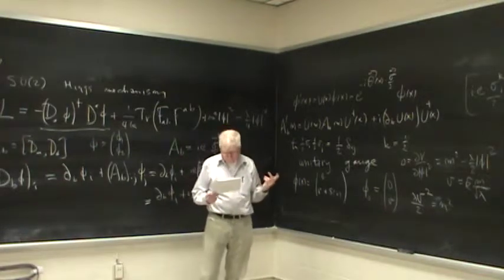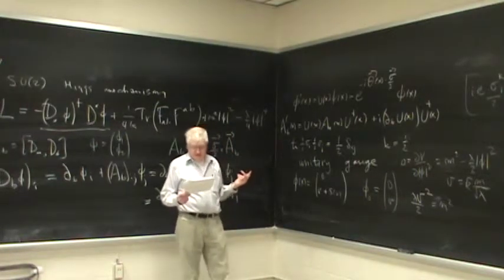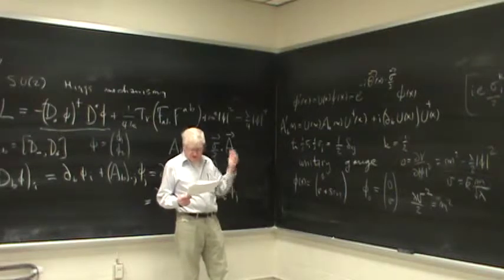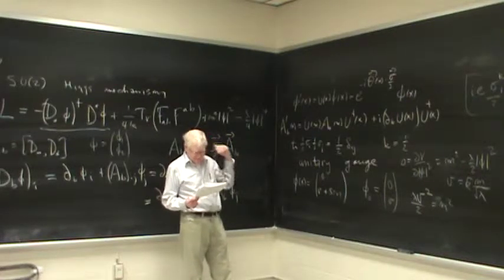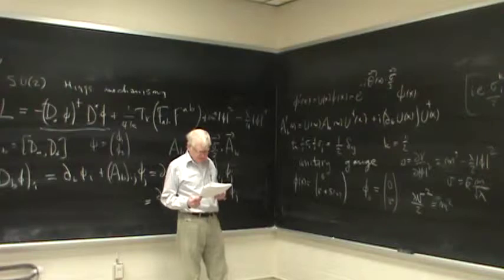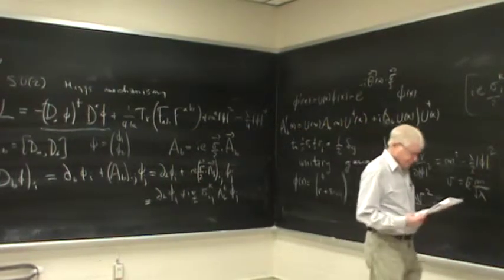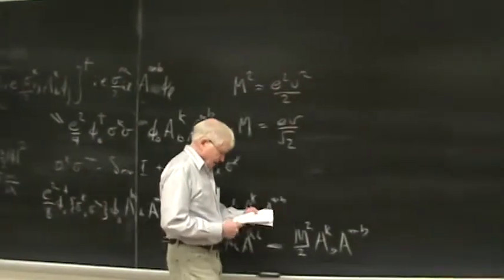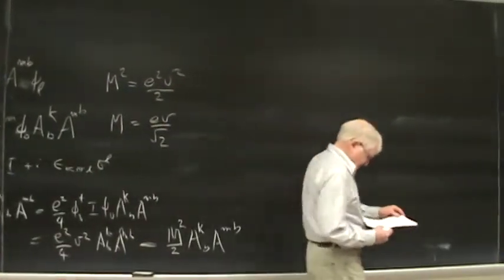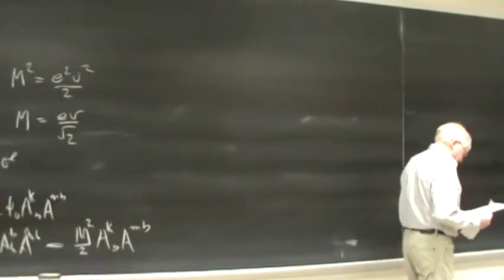So we have then 2 bosons get a mass, but not the third gauge boson. Okay, but in this case, we've got all the gauge bosons getting a mass.